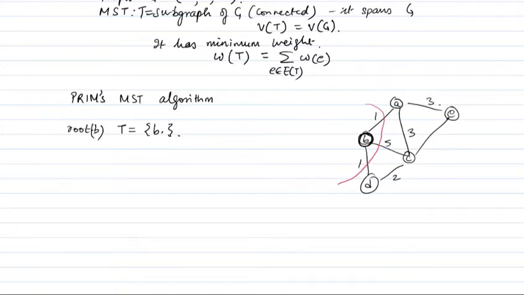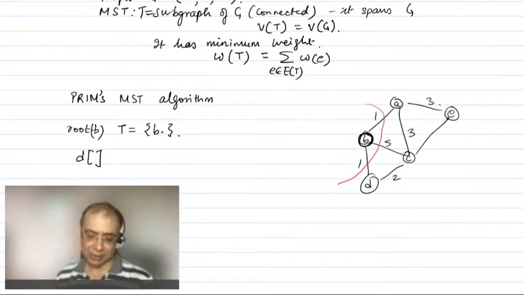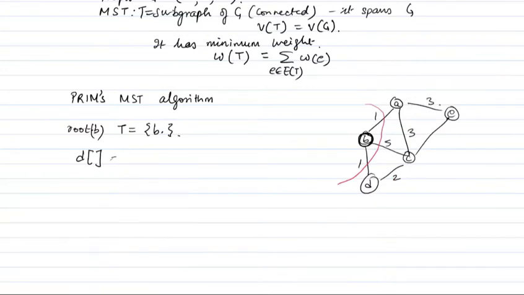Now it's going to maintain an array D. This array D keeps track of the distances from the current set T to all the new vertices. It has an entry for every vertex: A, B, C, D, E. What's the entry for B going to look like? B is already in the tree T, so the distance to B is 0. That's where I'm starting from.